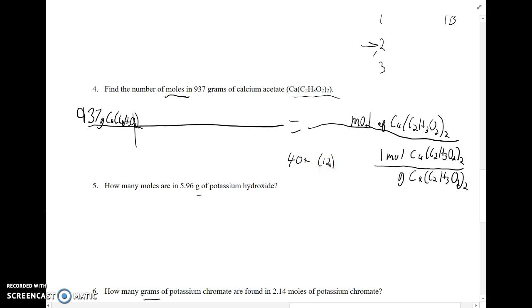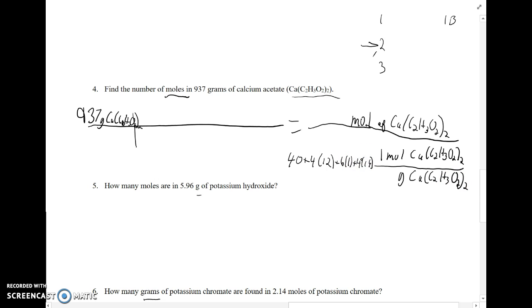And then I have to calculate how many carbon atoms I have. I have 2 here, but then there are 2 acetates. So 2 times 2, I'm just going to distribute this 2. So 2 times 2 is 4 carbon atoms, plus hydrogen, which has a mass of 1. And there are 2 times 3 hydrogen atoms, so 6 hydrogen atoms, plus oxygen, which has a mass of 16. And there are, again, 2 times 2, which is 4.